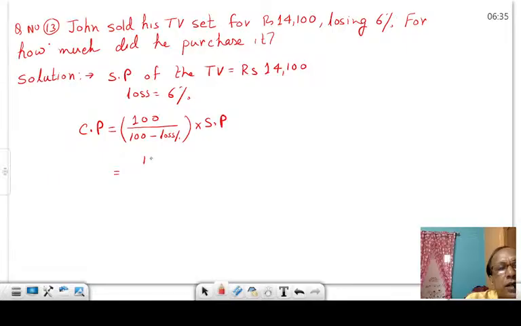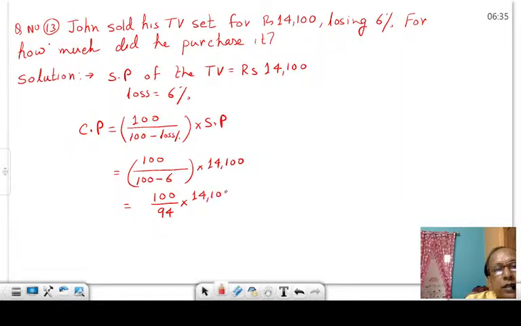Therefore, we are getting 100 divided by 100 minus 6, into the selling price, 14,100. So 100 minus 6 is 94, into 14,100.